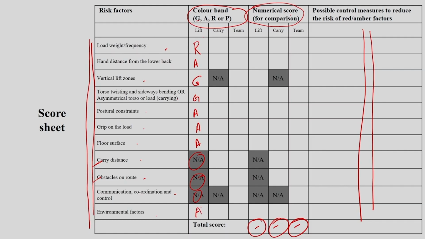For each case I have some numerical values that we discussed. Sorry, for these cases you do not have any values because these are not applicable. Now you have a total number. Assume this value comes as 10. I need to really refer and then you should get that value. So assume here you have a value of 10.